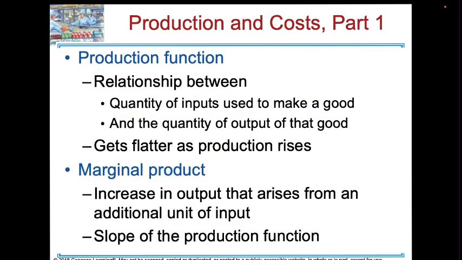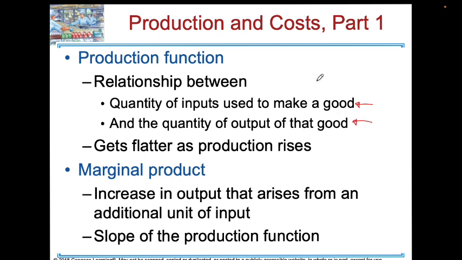Now let's talk about the production function. Firms use land, labor, capital, technology, and produce stuff. And a production function basically tells you the relationship between what goes into the production process and what comes out. The production function discusses the relationship between inputs and outputs, and what quantity of inputs go into the equation versus what comes out.